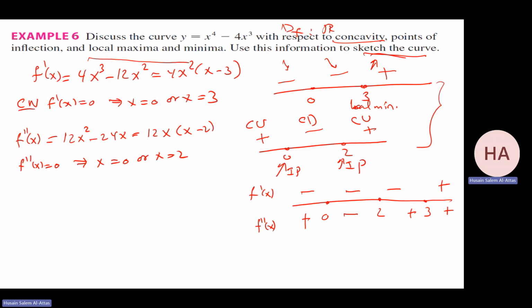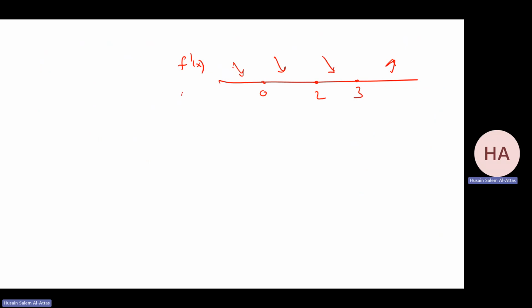So I have 0, 2, 3: minus, minus, minus, plus. This is f prime. You can say decreasing, decreasing, decreasing, and this is increasing. For f double prime, plus, minus, plus, plus: concave up, concave down, concave up, concave up.